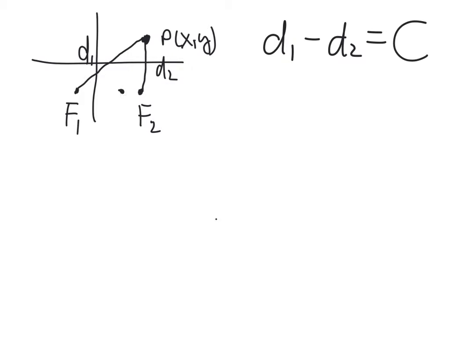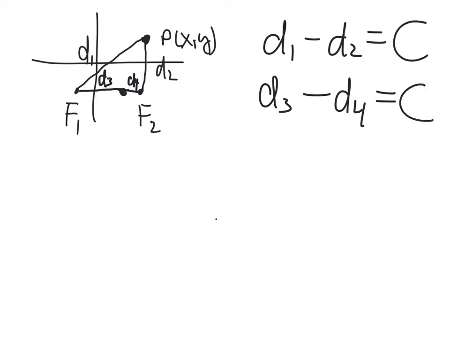We'll pick one right on the major axis, as we'll call this as well. d3 minus d4 will be that same constant. So the difference between the distances will equal the same number.